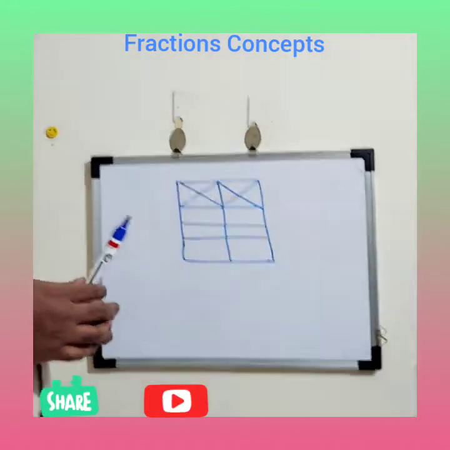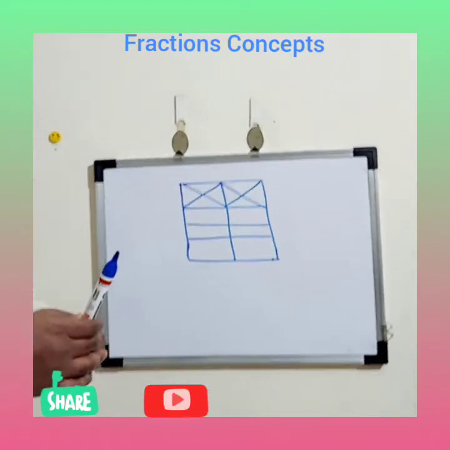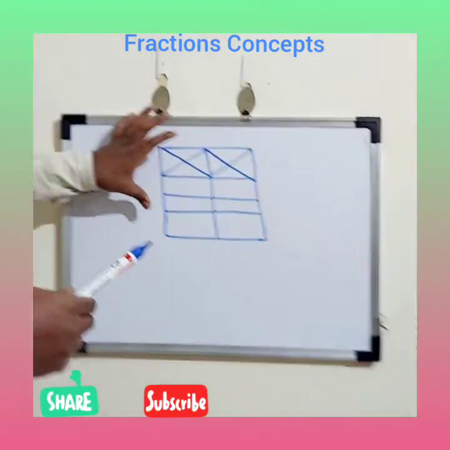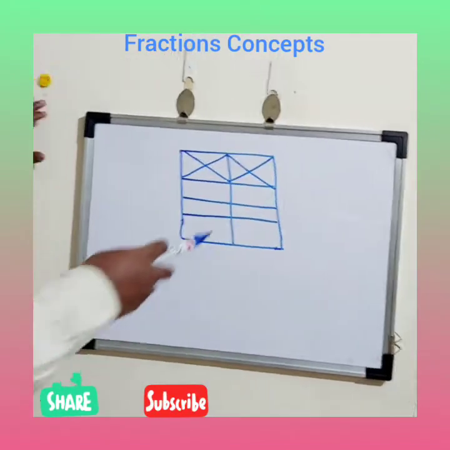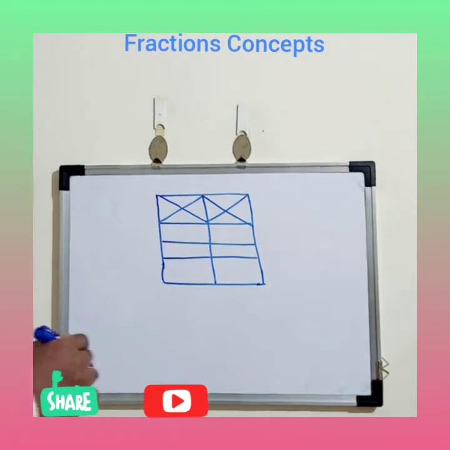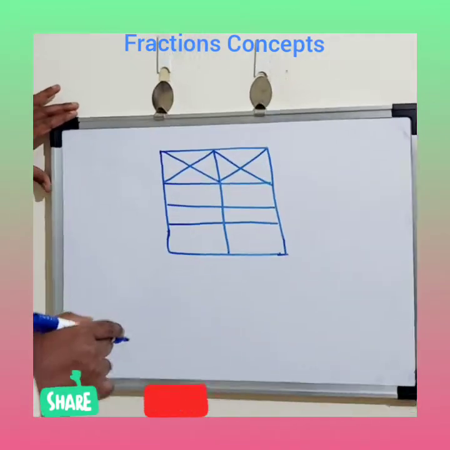Now we'll discuss some more problems related to fractions and percentages. Here there is a square given, divided into 8 equal parts. Already 2 parts of the figure are shaded.